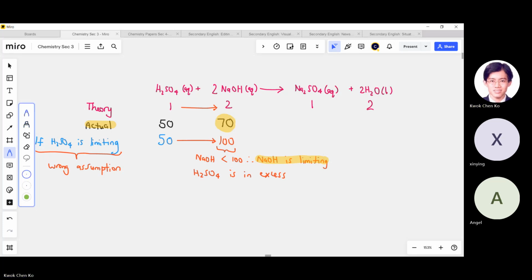So how much sodium sulfate do I get? How much water do I get? Yeah, Sabrina? Sodium sulfate? Yes, 70. How do I know? Because I look at my theoretical ratio. 2 is to 1. So 70 is to 35.